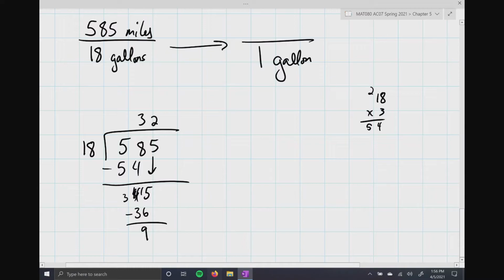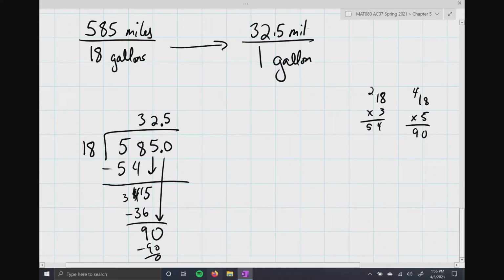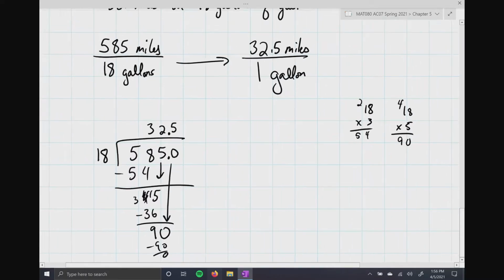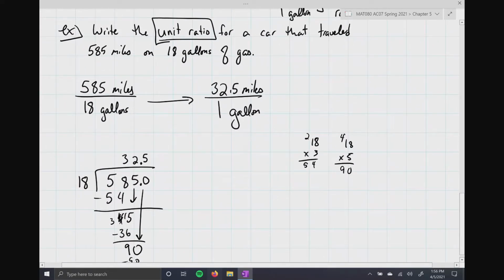Now, I have to put a decimal point. Drop down a 0. 18 goes into 90 how many times? Let's try 5. 5 times 8 is 40. 5 times 1 is 5 plus 4 more is 9. So this car gets 32.5 miles per 1 gallon.